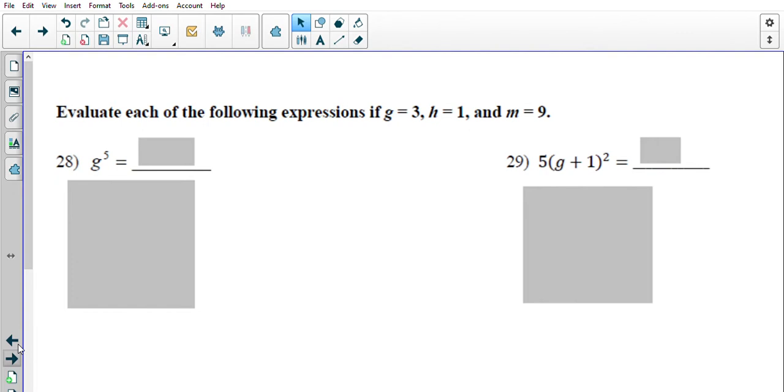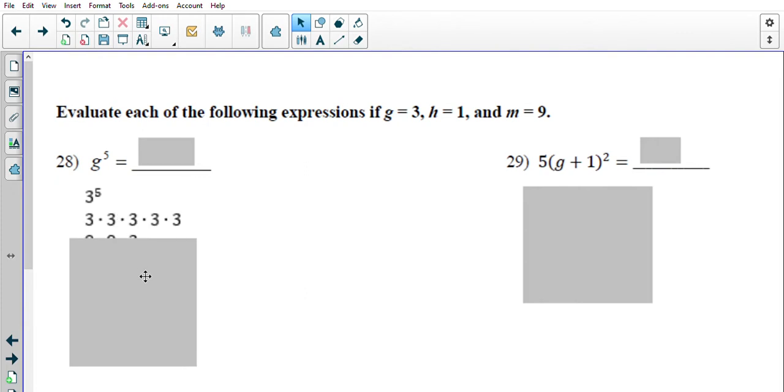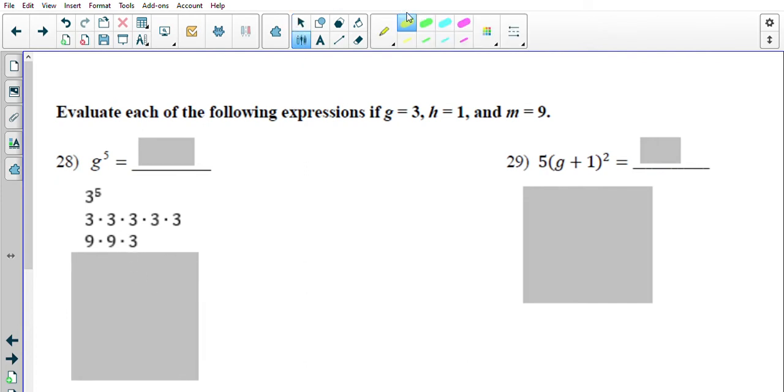So number 28, when I have g to the 5th power, I'm going to replace g with 3. So I'm going to have 3 to the 5th power, and I'm still not using a calculator, and I'm still using the order of operations. So this is 3 times 3 times 3 times 3 times 3. I did 3 times 3 to get 9, and I did 3 times 3 to get 9 here, and then just brought down my last 3.